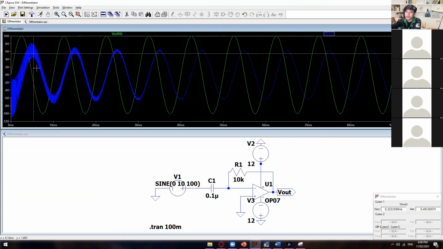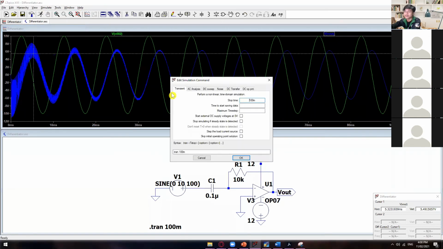So to fix this one, go to the simulation. Oops. Edit the simulation, and then you have to set here the time to start saving data into 50 milliseconds. So at exactly 50 milliseconds, it will save the data now to our capacitance. Okay? So not at exactly 0 milliseconds.